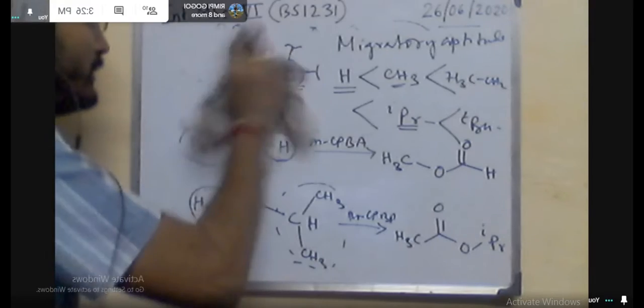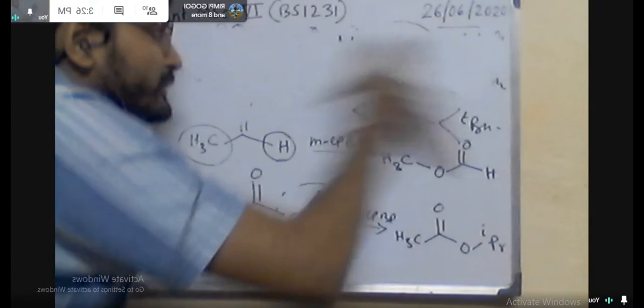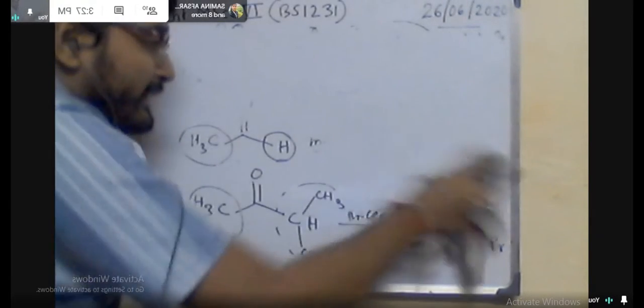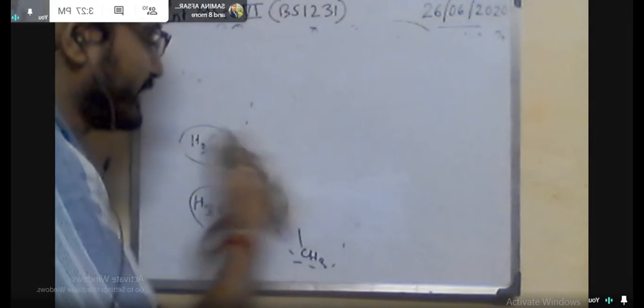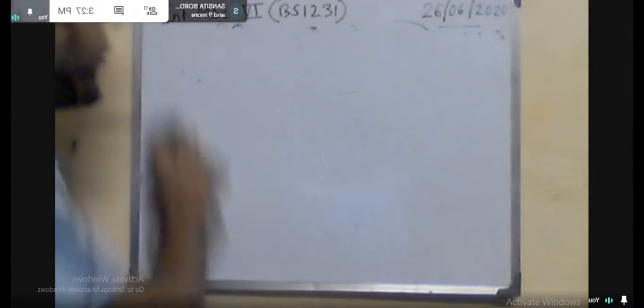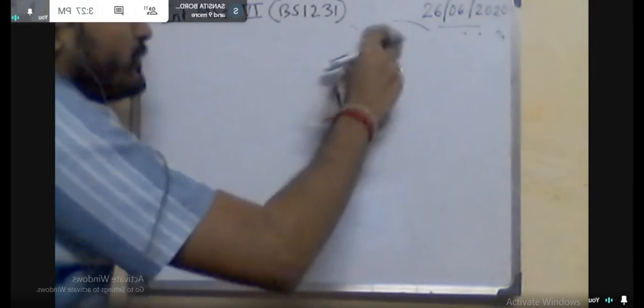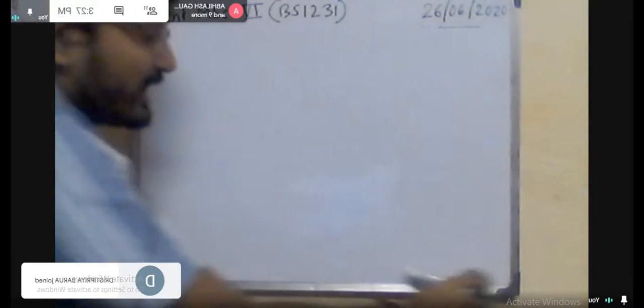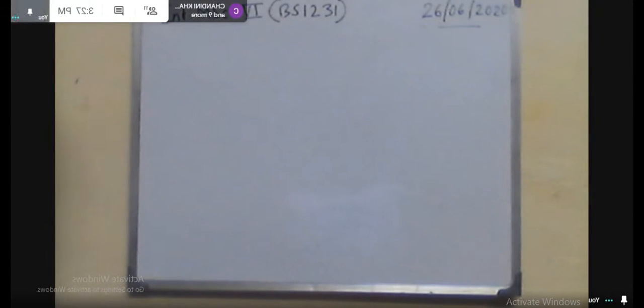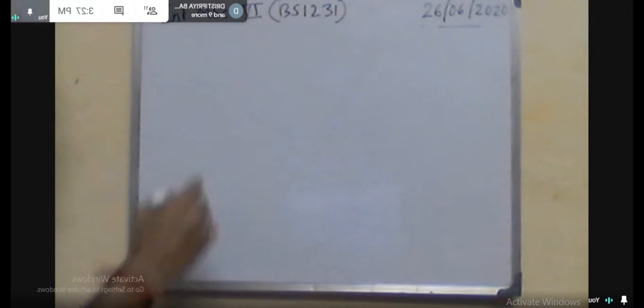So if it is the center of chirality, the configuration either may be the R or it may be the S. So the thing is, when there will be the migration of this chiral group, the chirality of that center will remain fixed after completion of the reaction. That means, say if the migratory group has chiral configuration R, then after completion of the reaction, the ester which you will get will also have the configuration R.